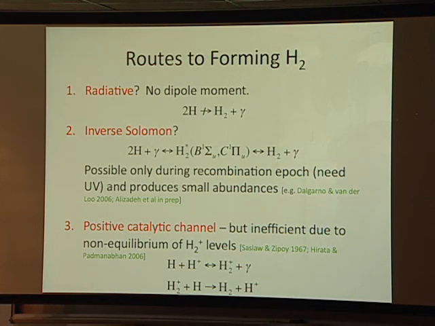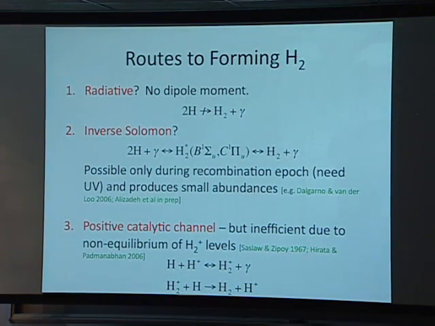What about using the non-trivial ionization fraction? Well, this is much more promising. And it was actually the first mechanism proposed to make primordial H2. So how does this work? The mechanism is down here. You have a hydrogen atom and a proton.